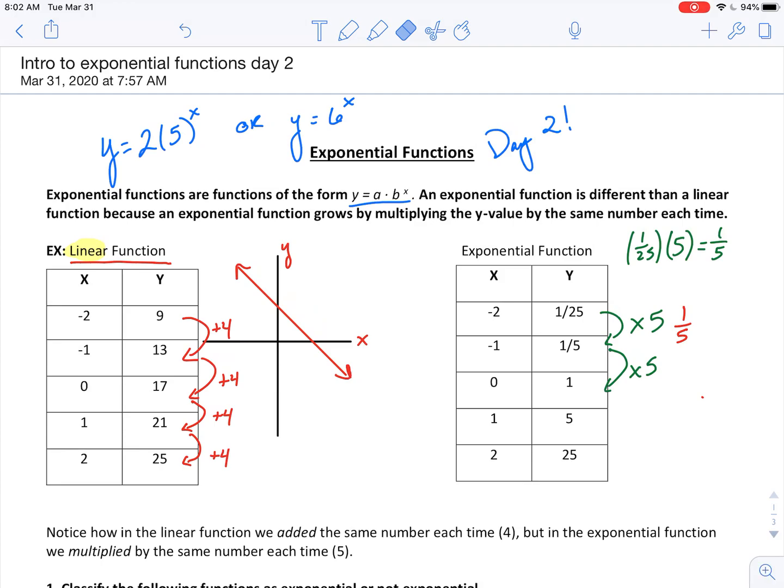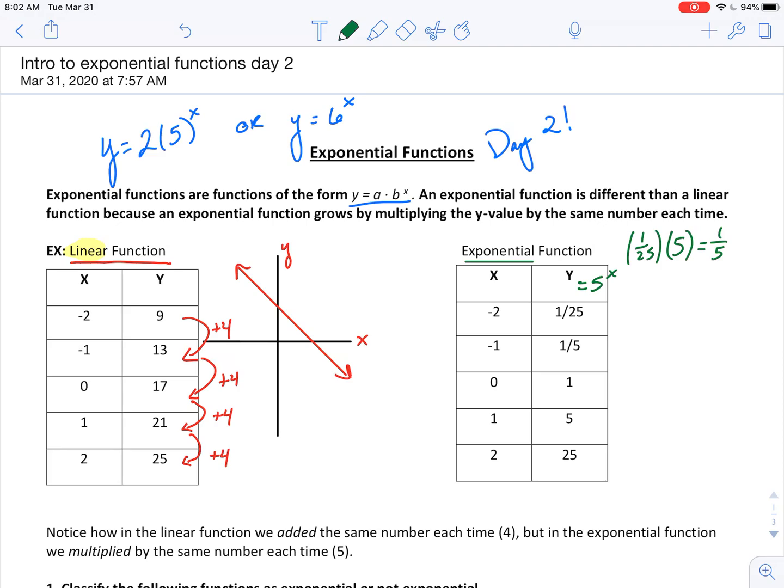Well, it'd be 5 of them. 1, 2, 3, 4, 5 of those pieces makes one whole, or 1/5 goes into 1 5 times. And then 1 times what gets me 5? Well, 1 times 5 gets me 5. And 5 times 5 gets me 25. So this is exponential because I'm multiplying by the same thing every time. And this function is y equals 5 to the x.